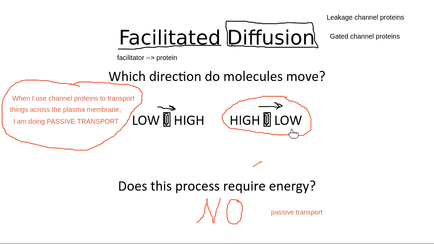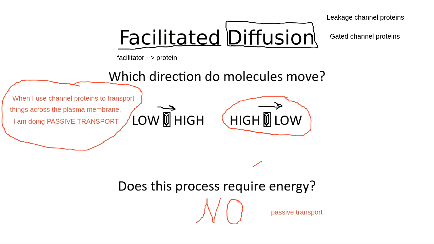Jacqueline asked in the chat, so facilitated diffusion is the exact same as regular diffusion? Yes, 100%. You get the star for that's the big idea that we wanted to know. Facilitated diffusion is exactly the same as regular diffusion, except for the fact that I use a protein.